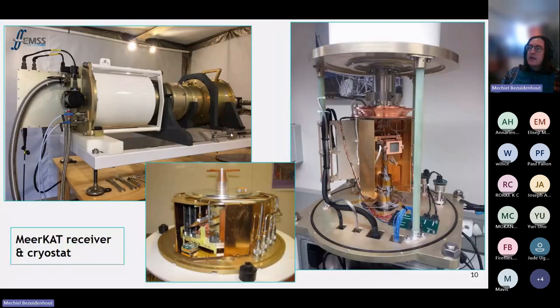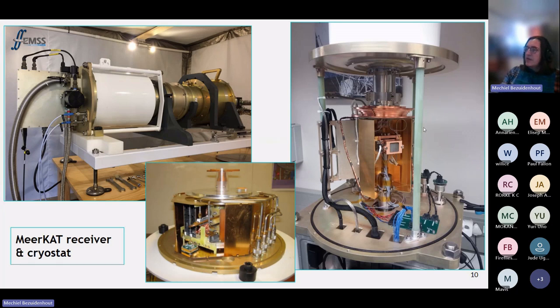So there's a bunch of really complicated and expensive technology that goes into making the receiver of the telescope as cold as possible to minimize that system temperature. At the top left is a picture of a MeerKAT L-band receiver, and on the right hand, it's cut open so you can see what's going on inside.